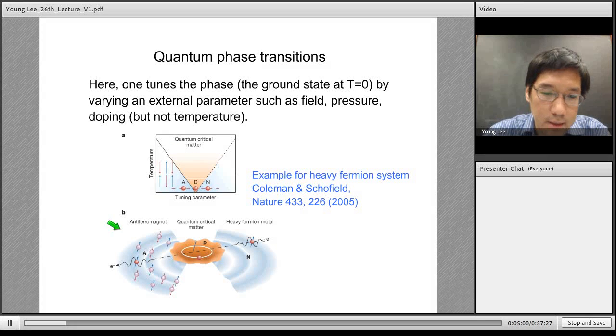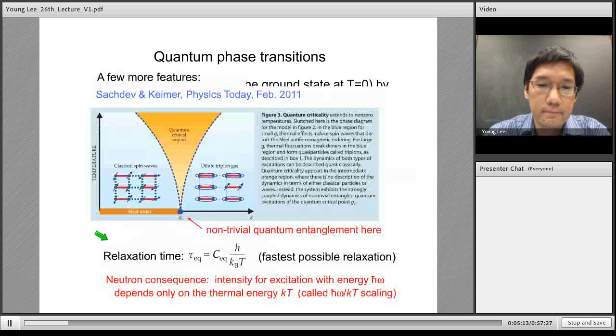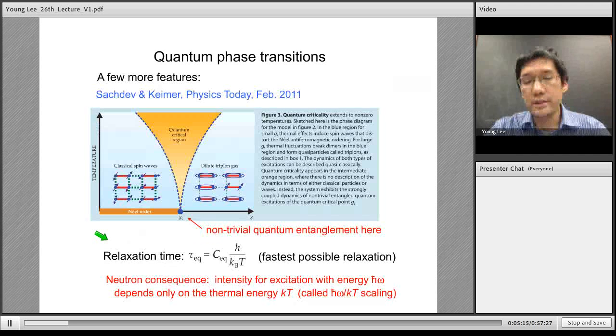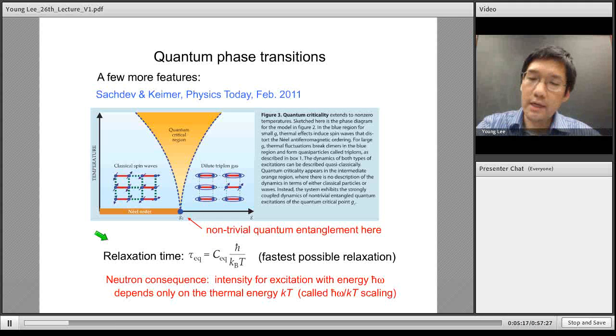And here I guess is a pictorial example of what could be happening in a heavy fermion system. And I'll say a few more words about this when we get to that topic. So that's one feature of quantum phase transitions. You have some parameter that you tune at T equals 0.